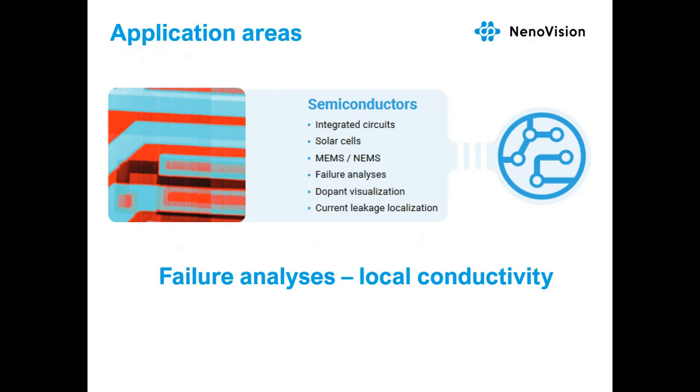I would like to say something about an example for the semiconductor industry, where I will try to focus mainly on failure analysis, because it's a very important application in optimization of a variety of semiconductor devices like integrated circuits, solar cells, etc. And I will focus on local conductivity.